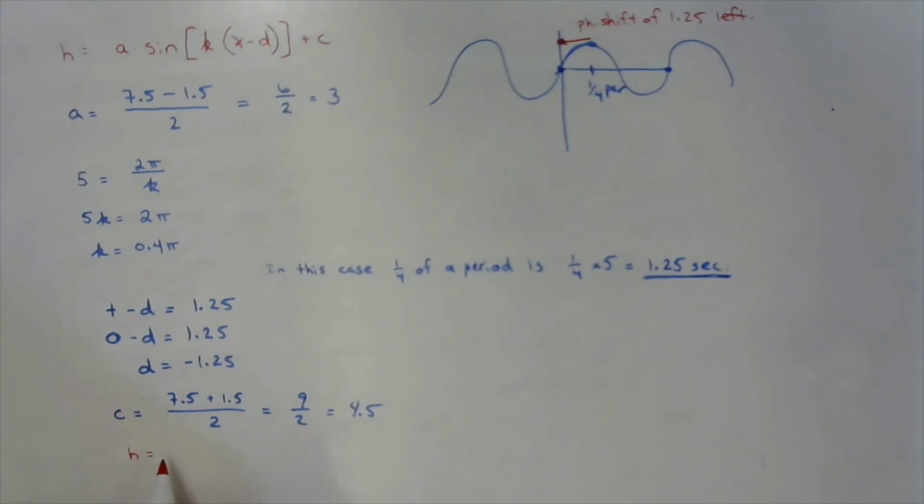A is 3, amplitude of 3, times the sine of, square bracket, k we found out was 0.4 pi, round bracket, t is our independent variable, d is negative 1.25, so we have t minus negative 1.25, that's t plus 1.25. Close that off, square bracket, and we're moving this whole curve up 4.5 meters.